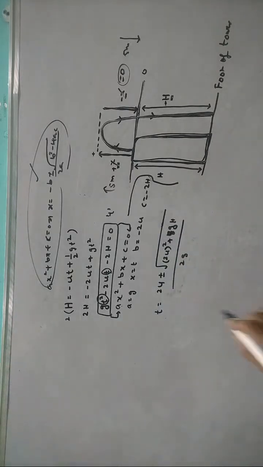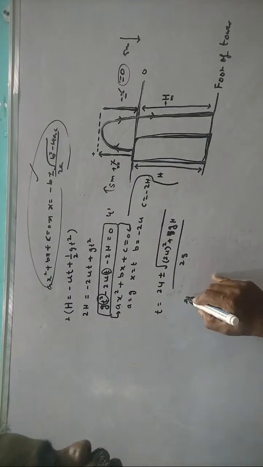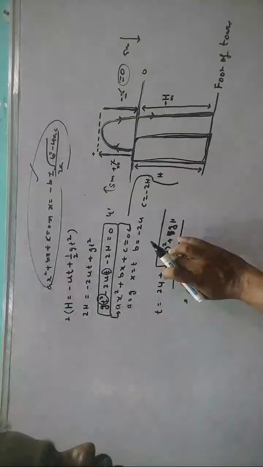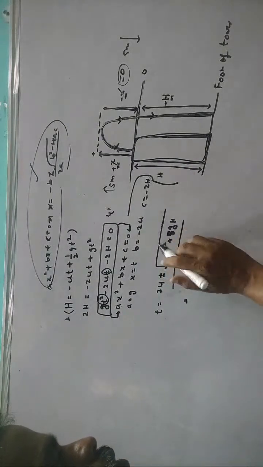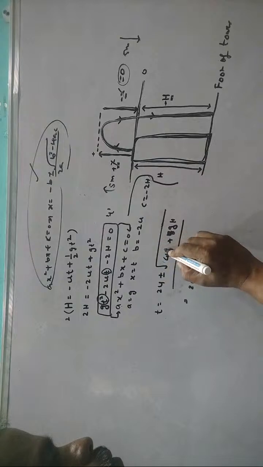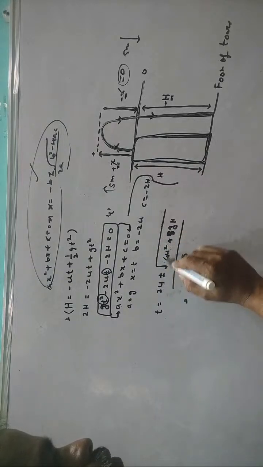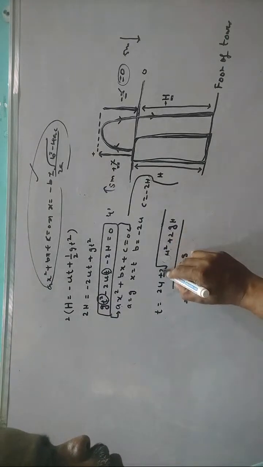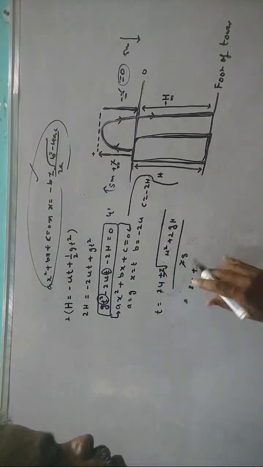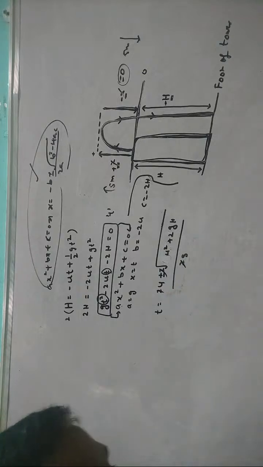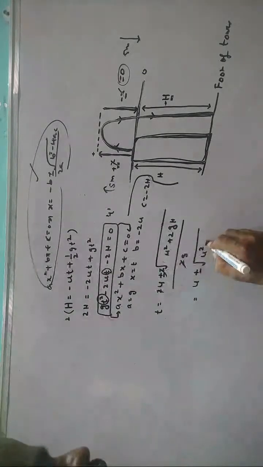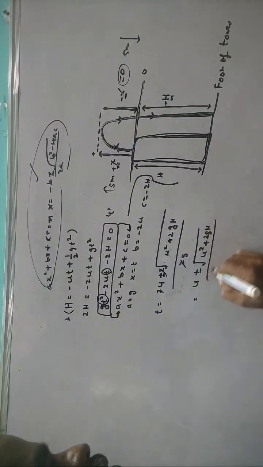So here 2u plus or minus square root of 4u square plus 8gh. Take 4 common, 2 comes out, 2 gets cancelled. Finally you will get u plus or minus square root of u square plus 2gh by g.